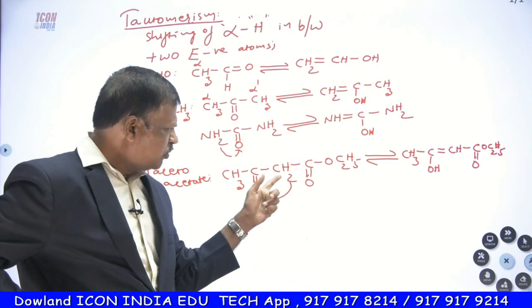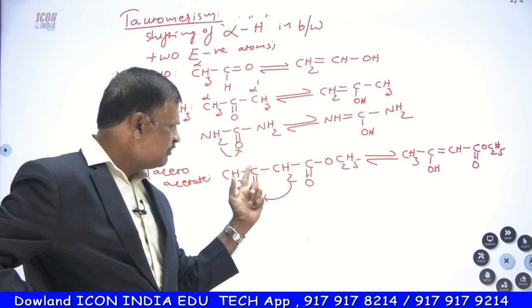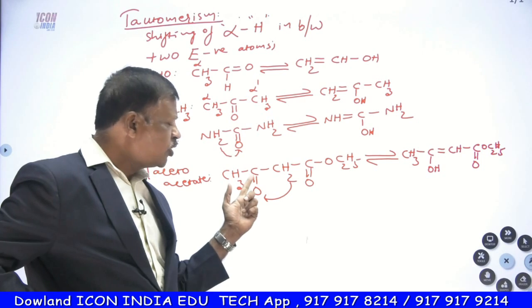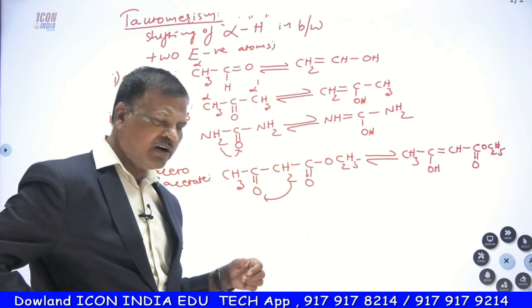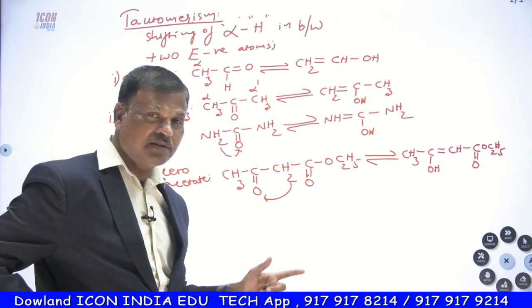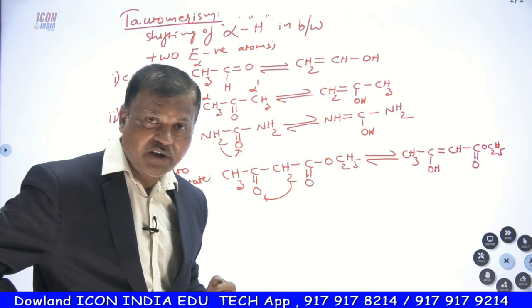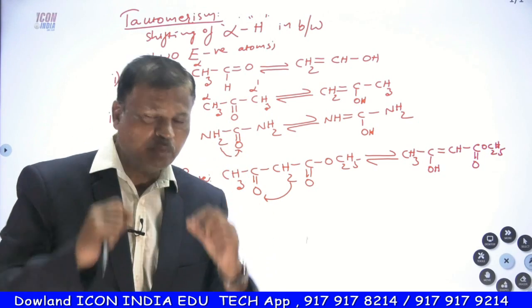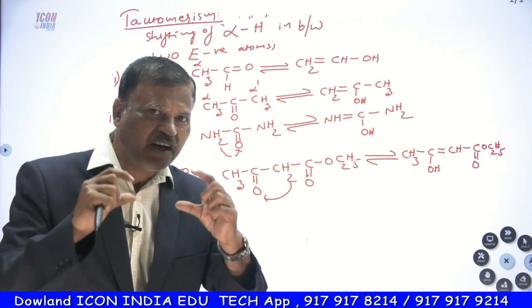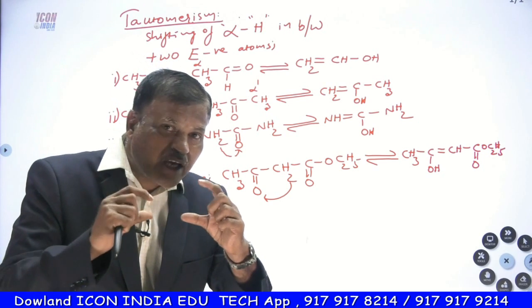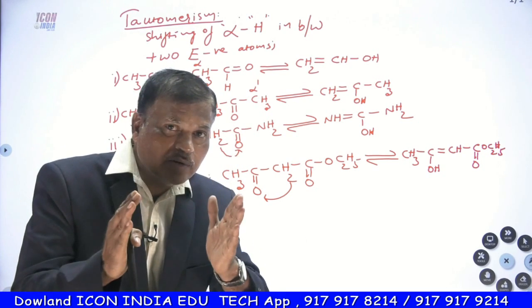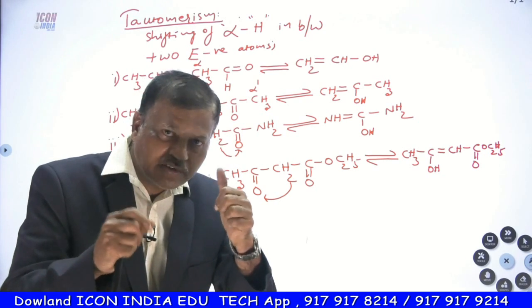This methylene group is present in between the carbonyl group and the ester group. Carbonyl group is a strong electron withdrawing group. Even the ester group is also a little bit electron withdrawing group. An alkyl group, whether it is methylene or any other group, in between two electronegative groups is always an active group.